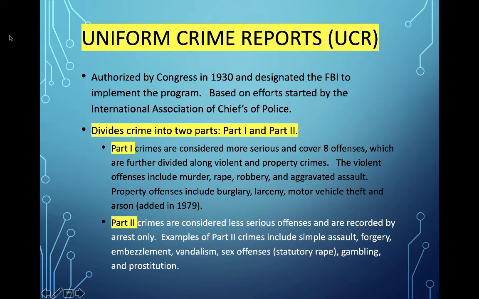Part 2 crimes are considered your less serious offenses and are recorded by arrest only. So it's only recorded if there's an arrest. Those are simple assault, forgery, embezzlement, vandalism, sex offenses, statutory rape, gambling, and prostitution. So basically, the UCR is only recording those Part 1 and Part 2 crimes.